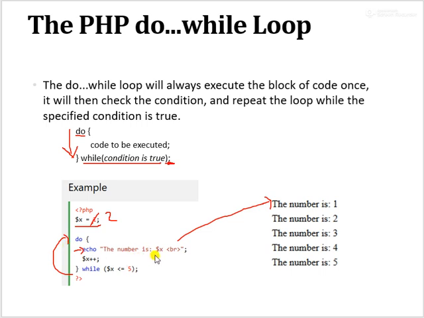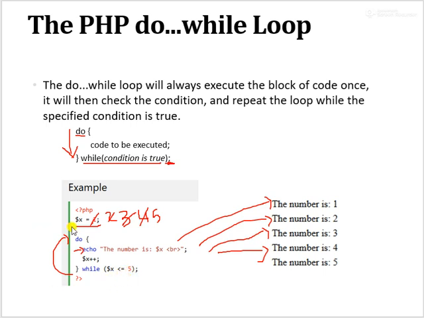Echo the number is x, so now x has become 2, so the number is 2, x plus plus, x will become 3, 3 is less than or equals to 5, true. So it will come back again, the number is 3, third line, x plus plus, x will change to 4, condition 4 is less than or equals to 5, true. Again it comes back, the number is x, x is now 4, x plus plus will make it 5, 5 is less than or equals to 5, true.